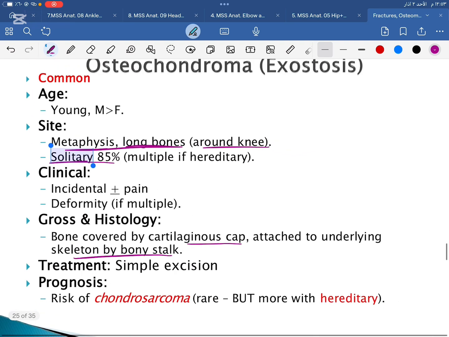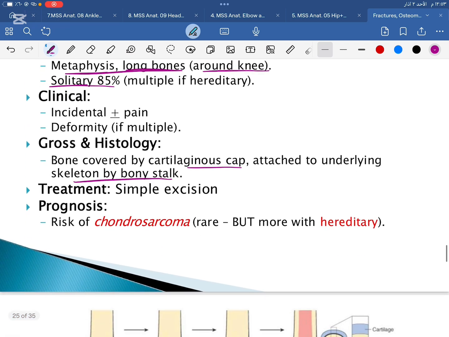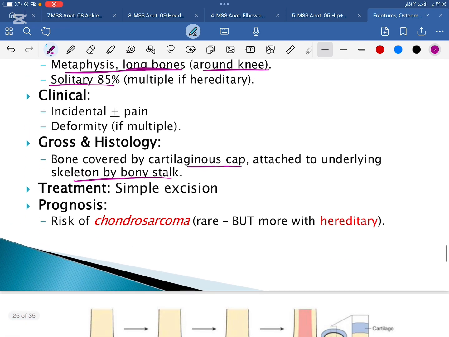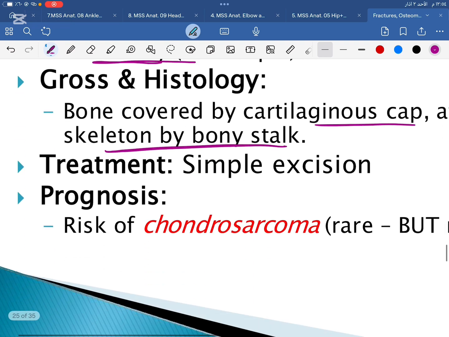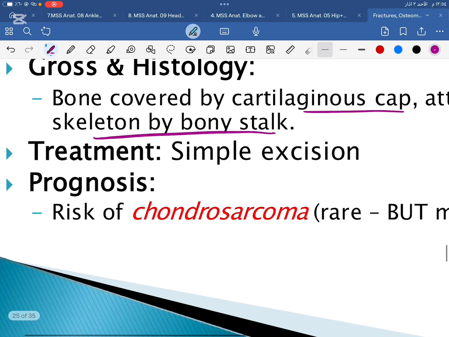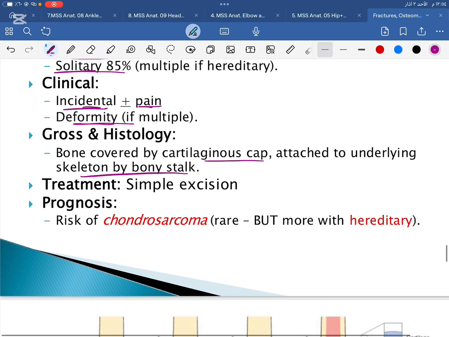The presentation may be an incidental finding, or it might be associated with pain if there is compression of a nerve. Okay, and it might cause deformity if it is multiple. Grossly it's a bony stalk covered by a cartilaginous cap, attached to the underlying bone, like this.